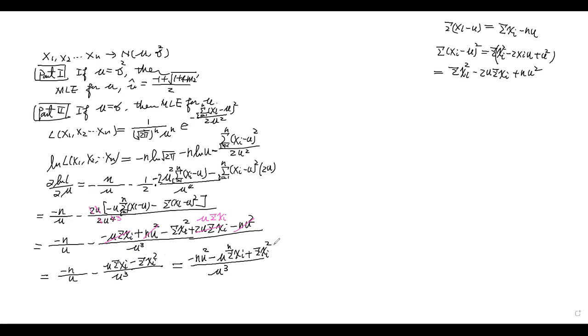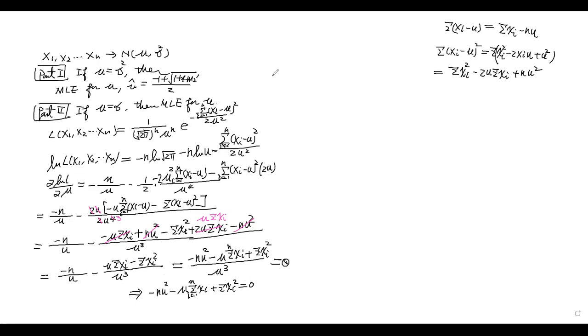So we know the MLE, we will set this one equal to zero, right? If this is equal to 0, that means the top will be equal to 0. That means n mu squared minus mu summation of xi, i from 1 to n, plus summation of xi squared equals 0.